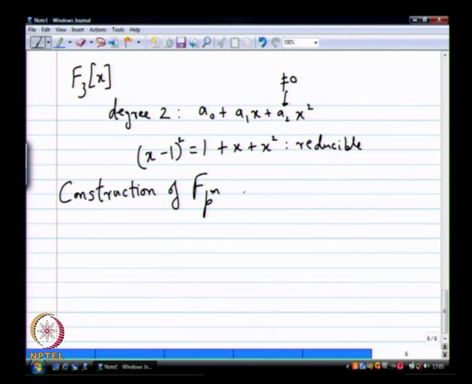Fp power m. It is also denoted, like I said, GF p power m, a Galois field after a famous French mathematician Galois. What is the construction? It goes like this.